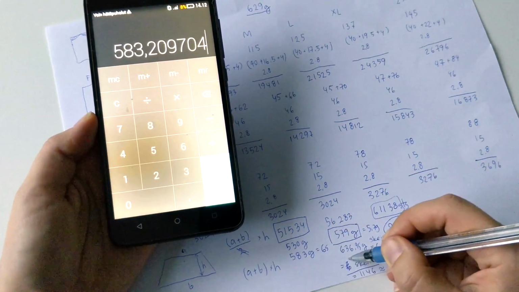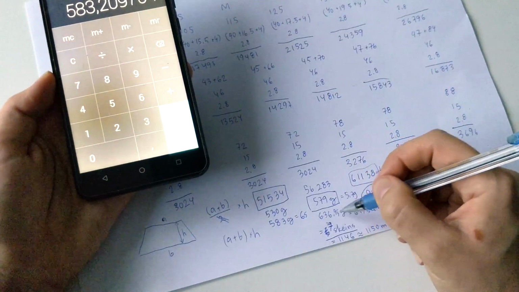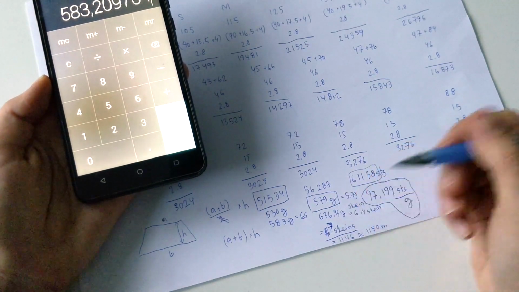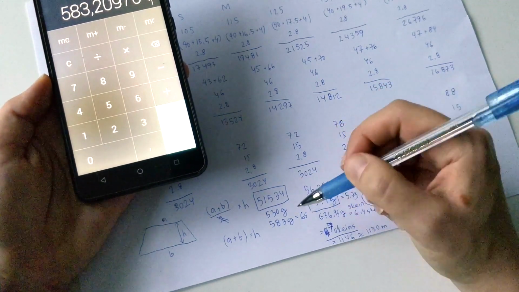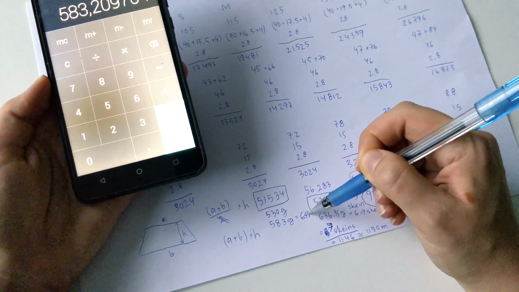Here, of course, it should be 7 skeins because it's over 600 grams, but less than 700 grams, so it's 7 skeins, not 6 skeins. I don't know what I was thinking. So this is 6 skeins.